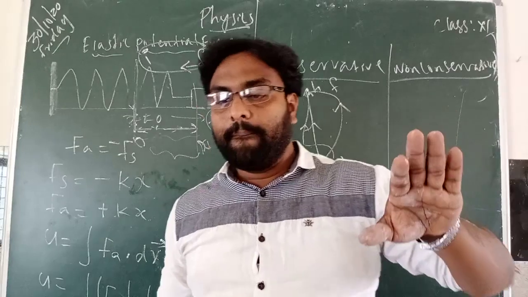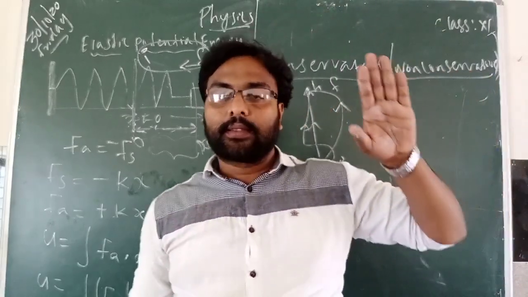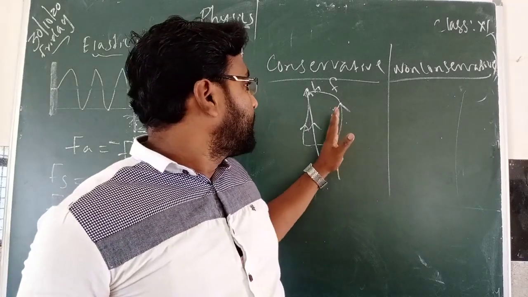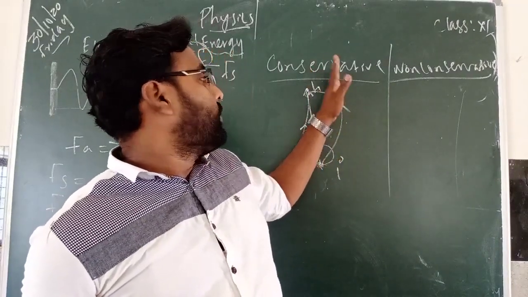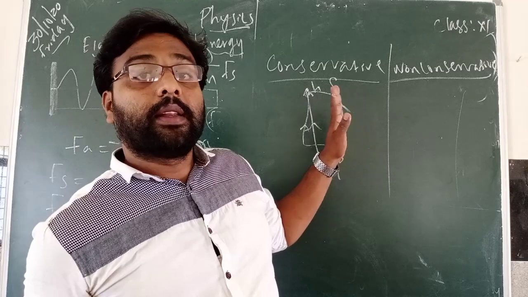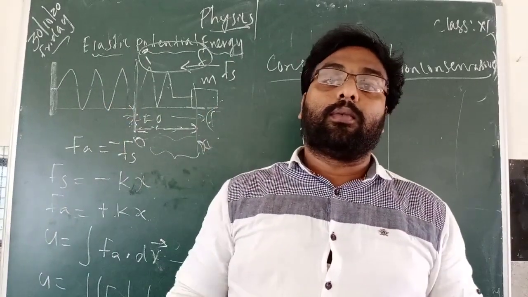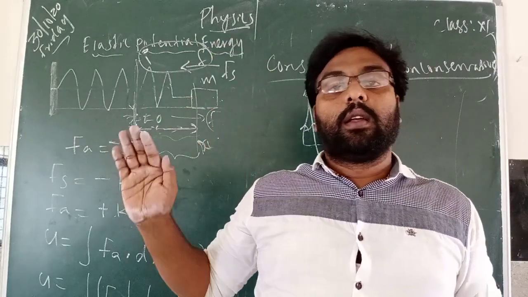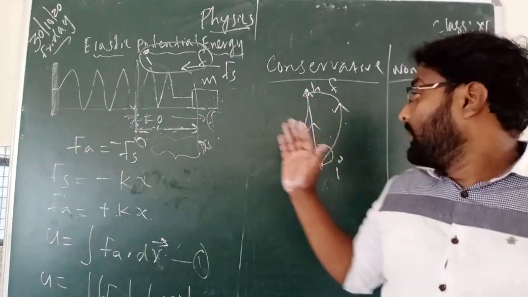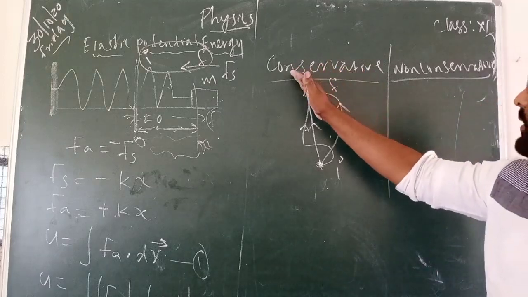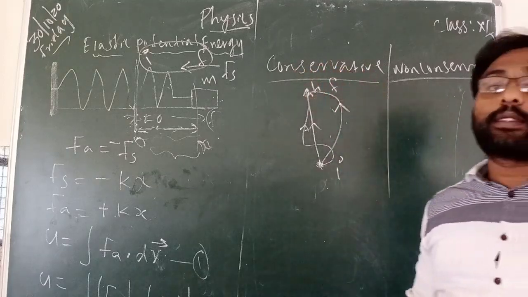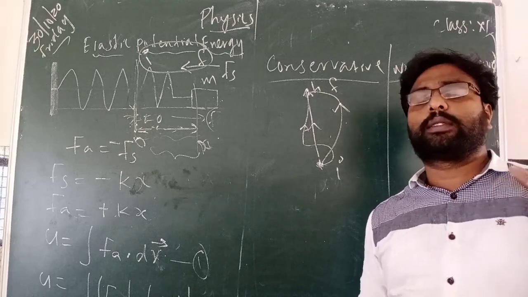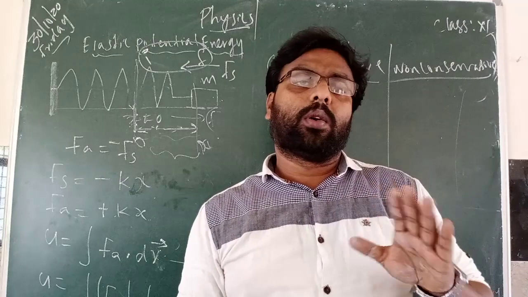The work done against the gravitational force is the same for any path between the initial position and the final position. In between the initial position and the final position, the work done by the gravitational force is the same. That is what we are saying, conservative force and non-conservative force.